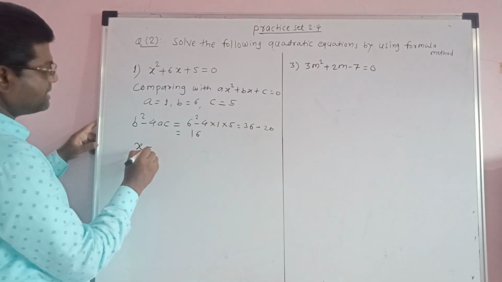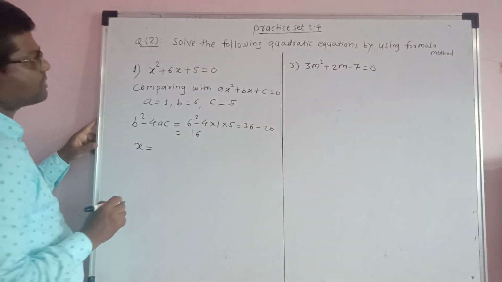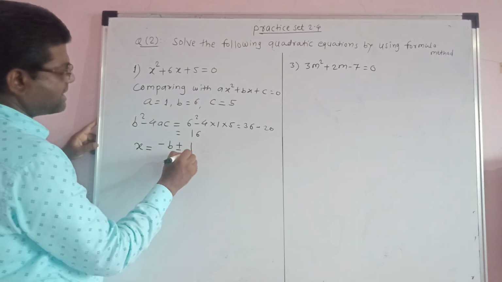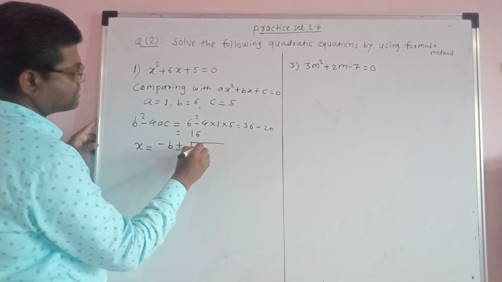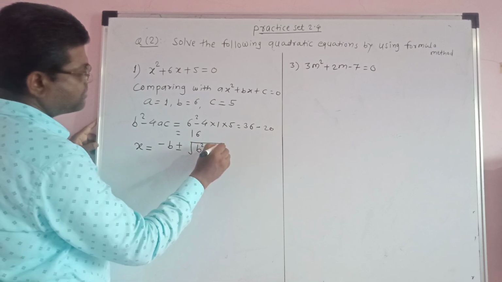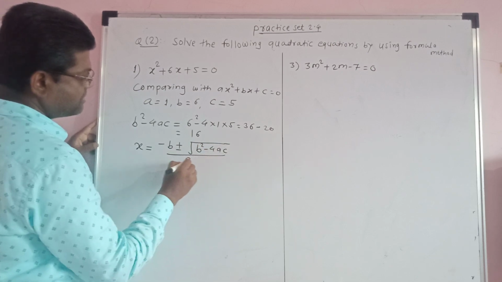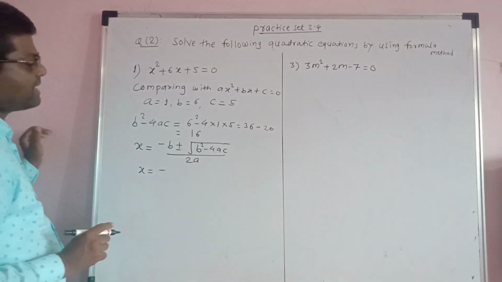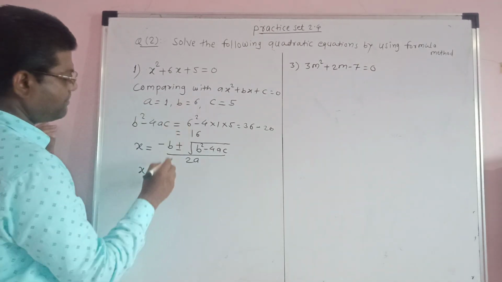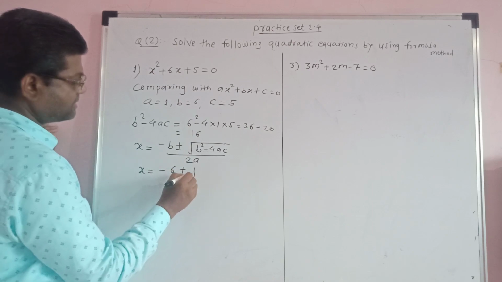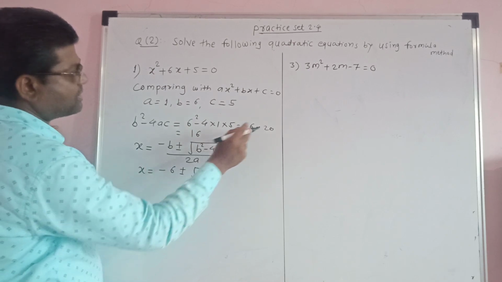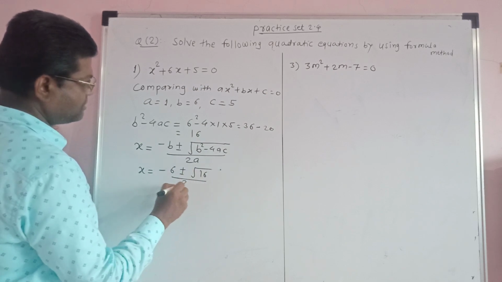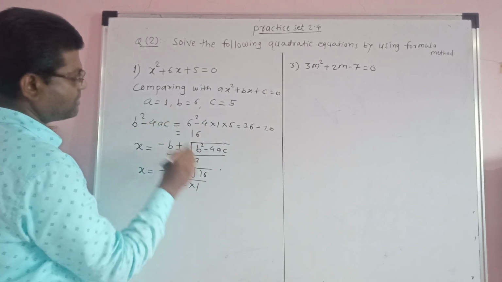Formula for finding the solution of quadratic equations is x is equal to minus b plus minus in square root b square minus 4ac upon twice a. Therefore x is equal to minus b, value of b is 6, plus minus square root of b square minus 4ac is 16, upon 2 into value of a is 1.